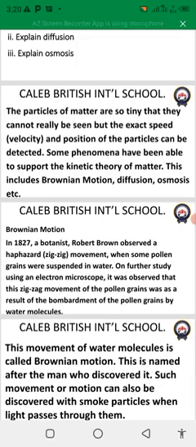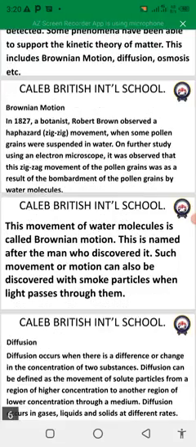These phenomena include Brownian motion, diffusion, and osmosis, and others. But we limit ourselves to these three: Brownian motion, diffusion, and osmosis. We want to take them one by one now.